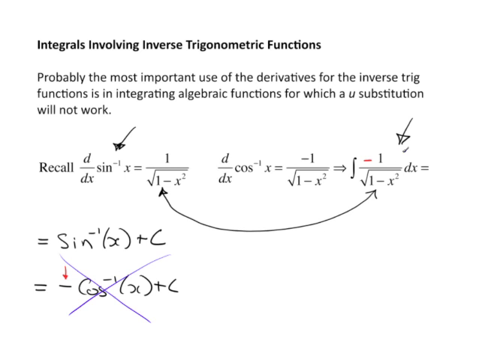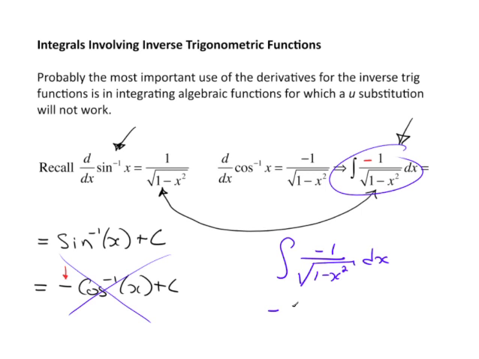If I had the integral of negative 1 over the square root of 1 minus x squared dx, and you immediately recognize that as the derivative of inverse cosine of x, so the antiderivative is inverse cosine of x. We wouldn't write it that way.